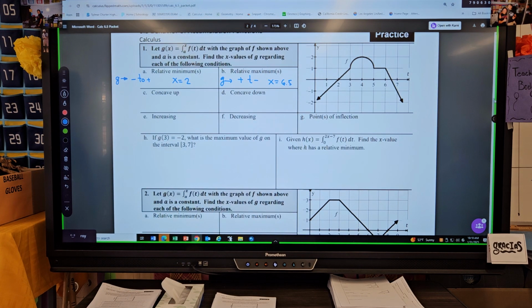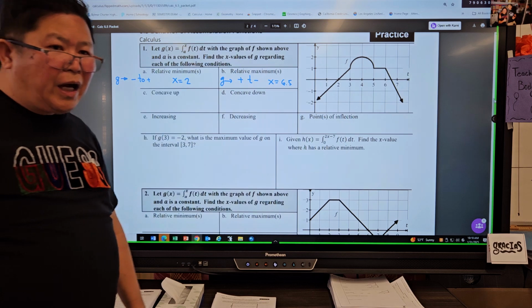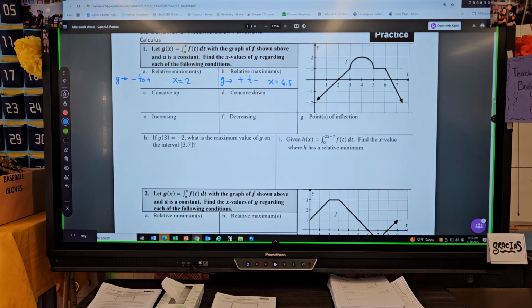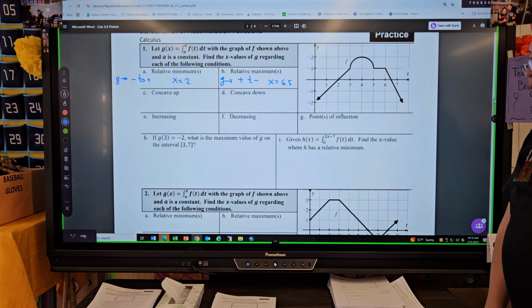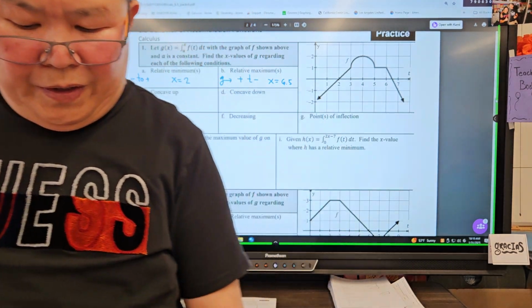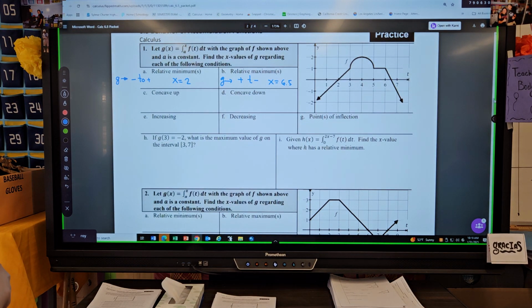Now, next, concavity up. When you say concavity up, it's going to be up like a cup. Going up, right? So for letter C, concave up. Where do you think is the concavity up? What is concave up again? f double prime is greater than 0.